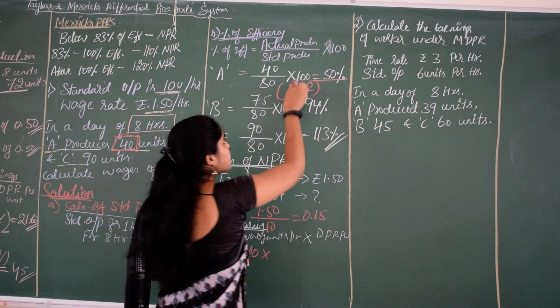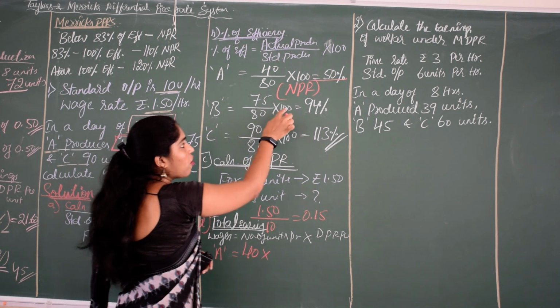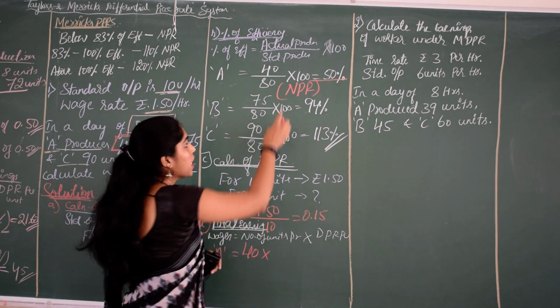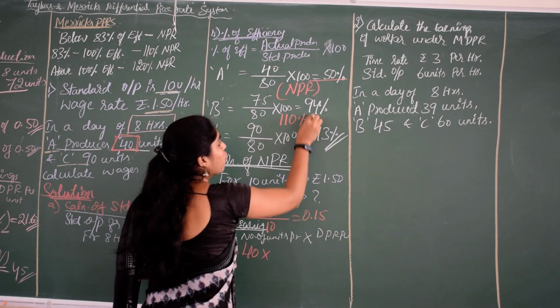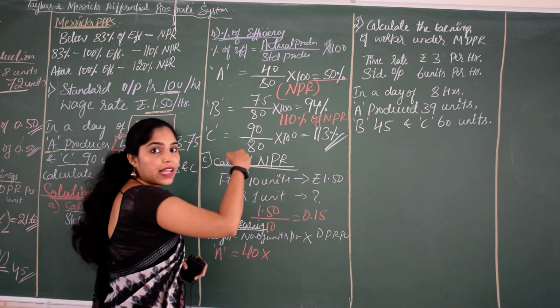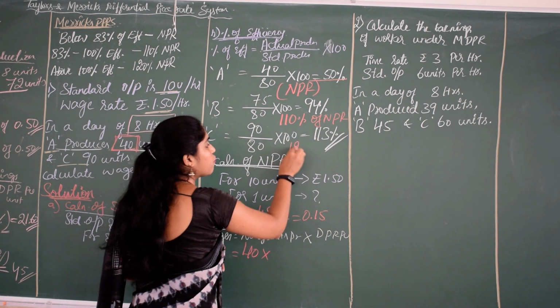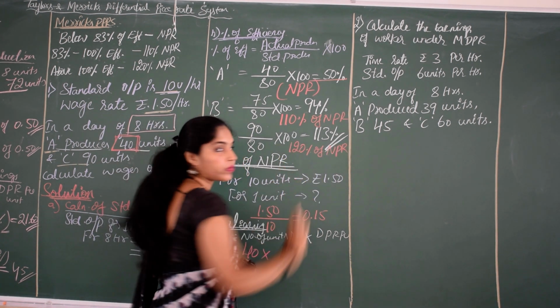So, A is eligible for the normal piece rate and B's level of efficiency is more than 83% but less than 100%. He is eligible for 110% of normal piece rate and C's level of efficiency is more than 100%. So, he is eligible for 120% of normal piece rate.